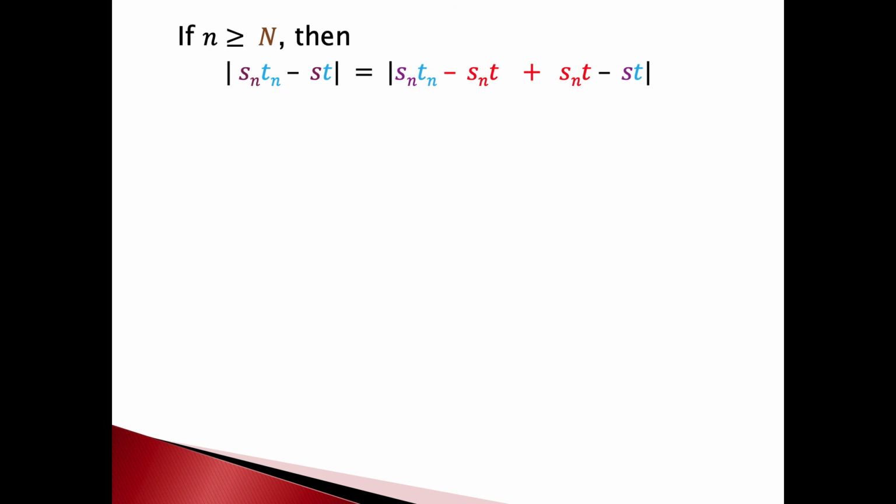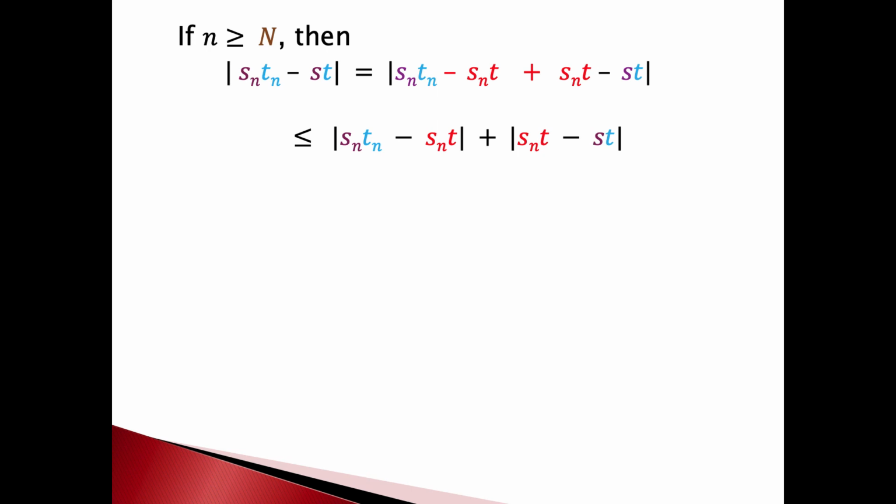So I'm going to take the first two things inside the absolute value, the SnTn minus the SnT, break that off into its own absolute value, plus, and then take the last two things, SnT minus ST, and break it off into its own absolute value. Again, this is just the triangle inequality, breaking up two things at that red plus sign into two separate absolute values.